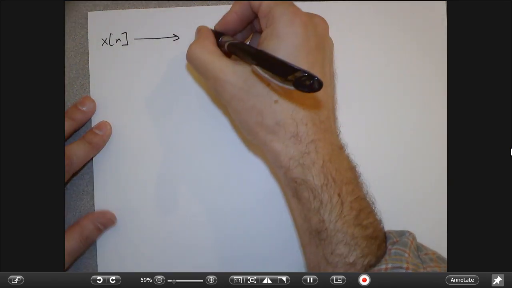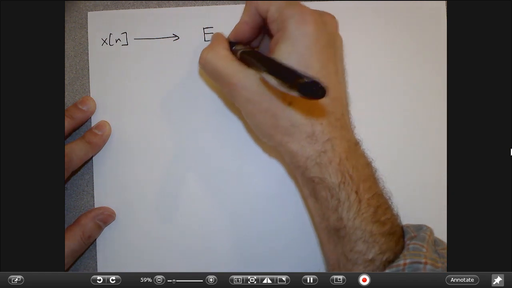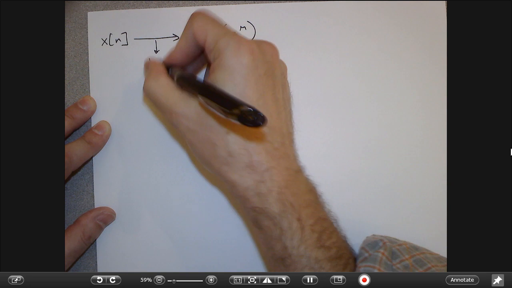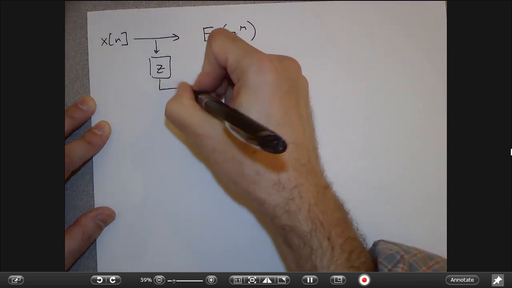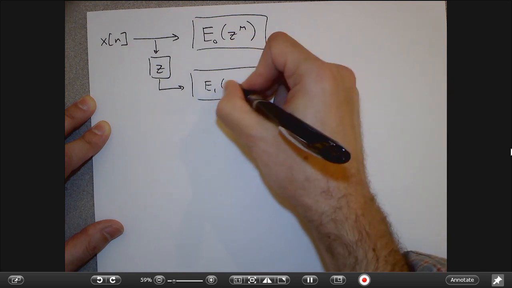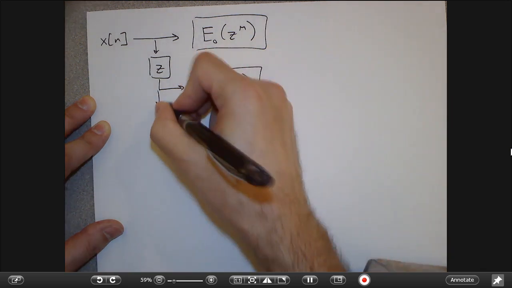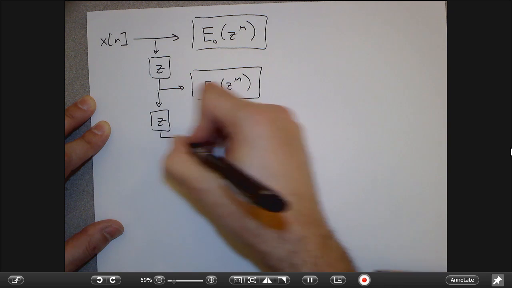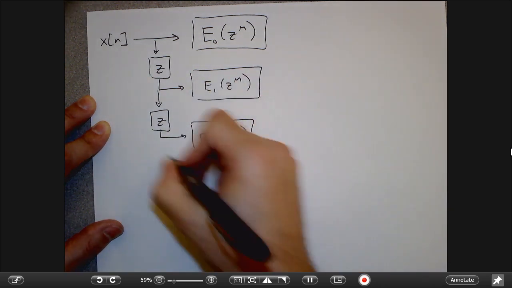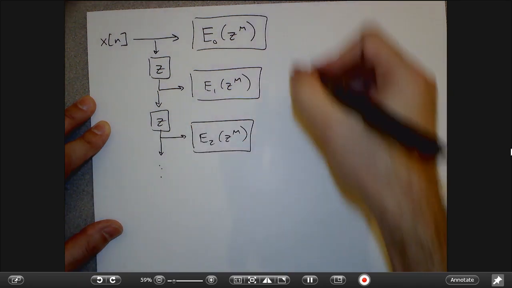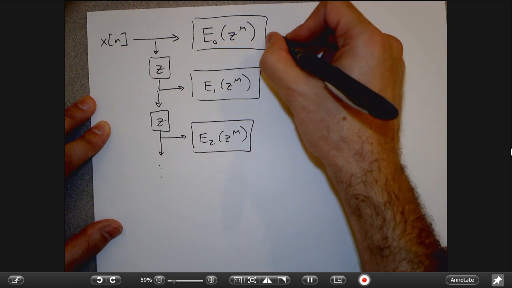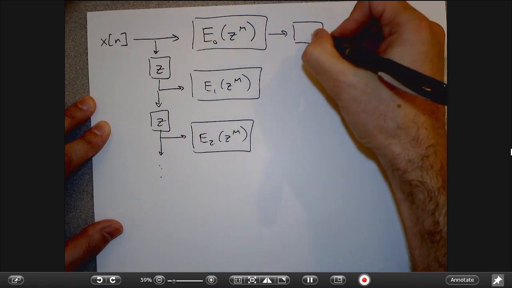I'm going to put this through this guy here. Then I'm going to put this through this guy here. And so on. And then I would downsample these guys and add up the results to get my output.